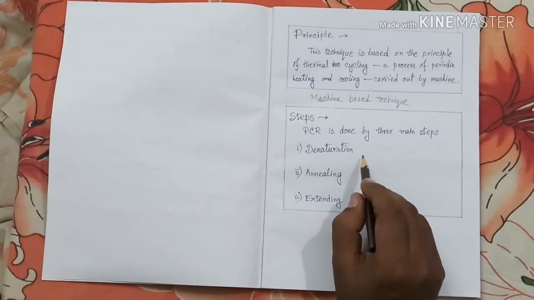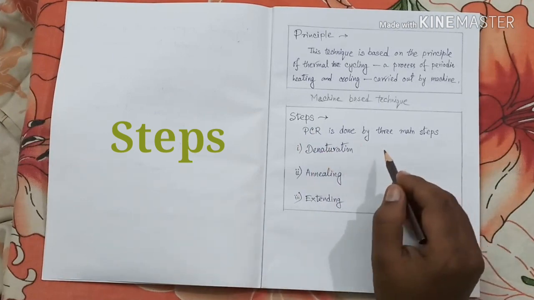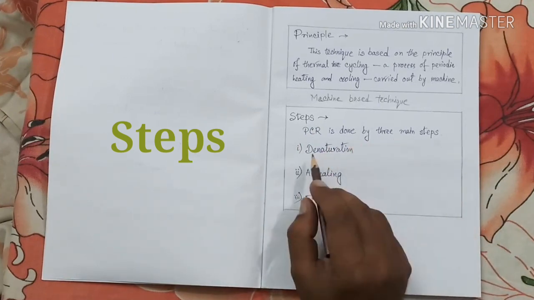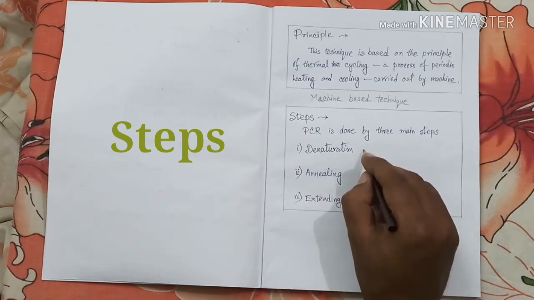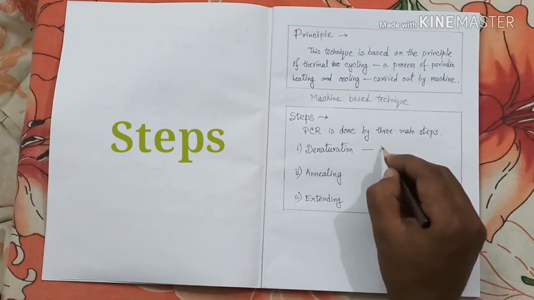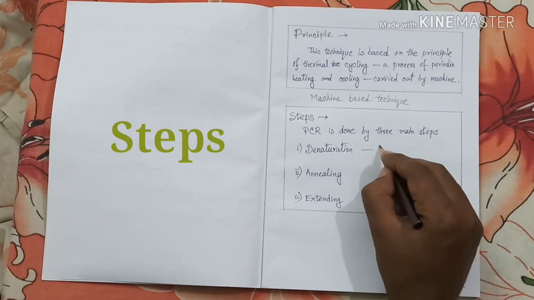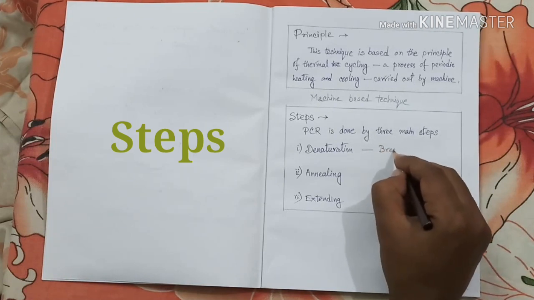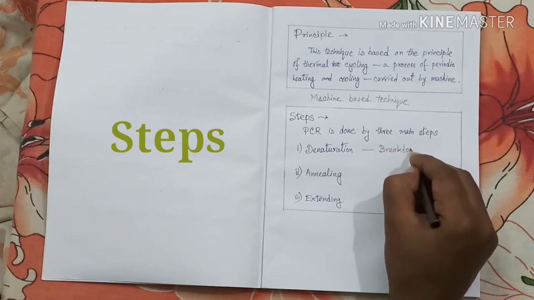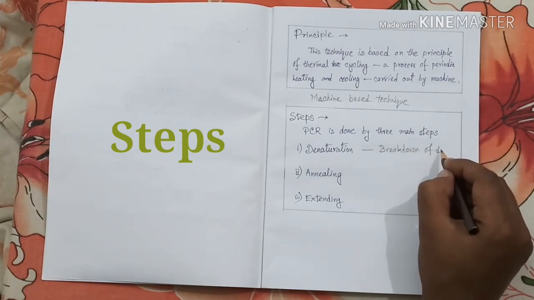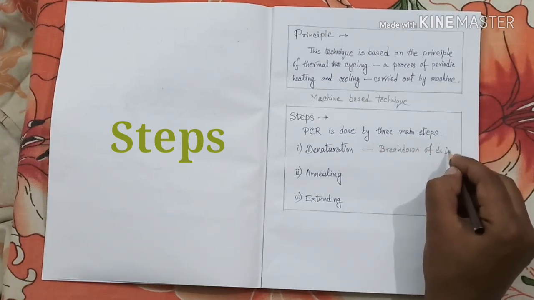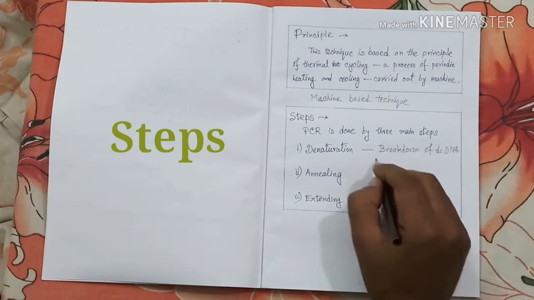Next, we move to the next topic, steps. What are the steps of PCR? If we conduct an experiment with PCR, we should know that there are three basic steps. First, number one, denaturation of DNA. That means breakdown of double stranded DNA into single stranded DNA.